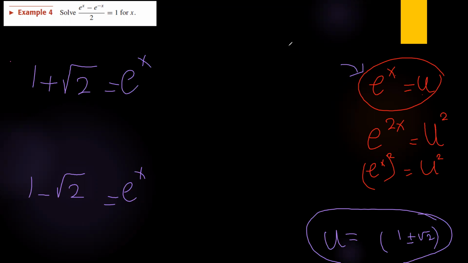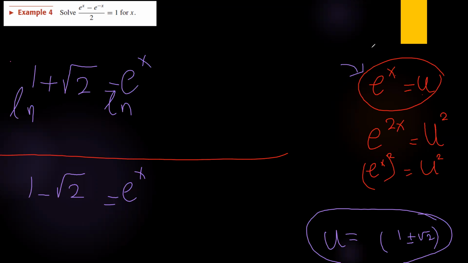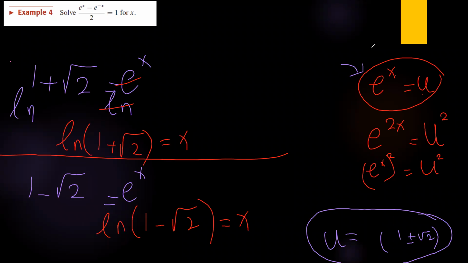By ln. So the first one here, we have ln of 1 plus square root of 2 is x, or ln of 1 minus square root of 2 is x.